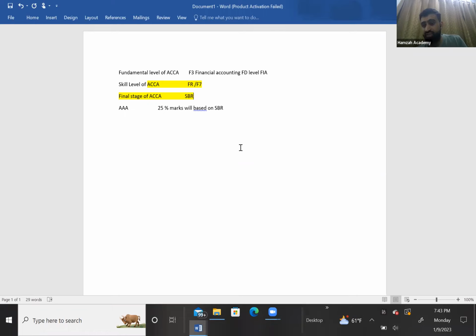And at section C level, we have the requirement to prepare a consolidated financial position, consolidated profit and loss account, or conduct ratio analysis, or prepare individual financial statements. So at FR level, most marks are dependent on calculation. That was a calculation based paper. The majority of the marks at FR were calculation based.